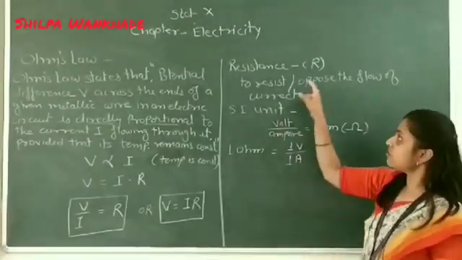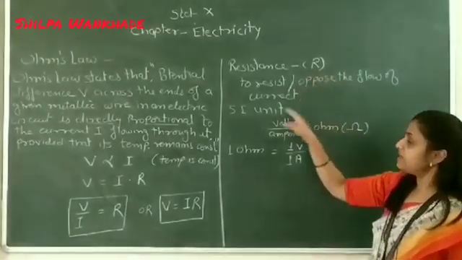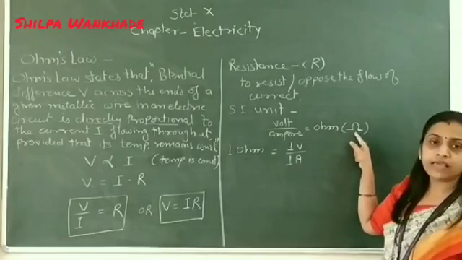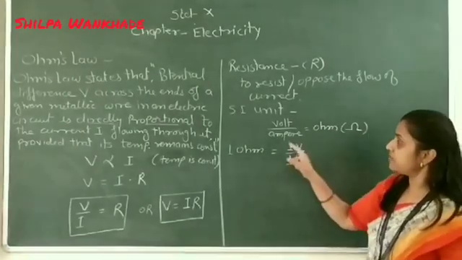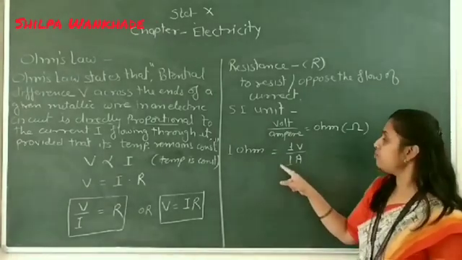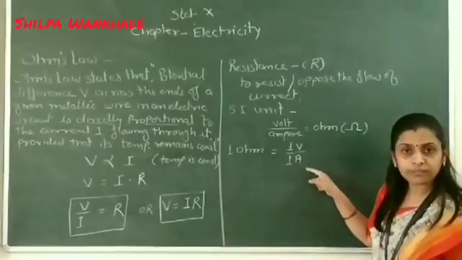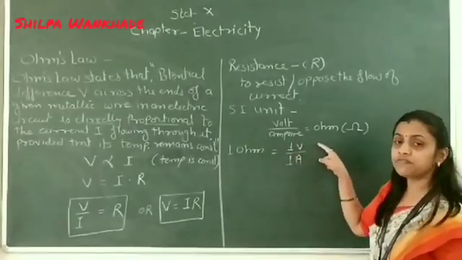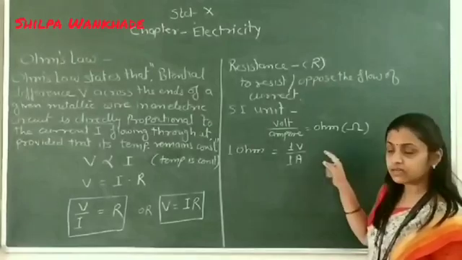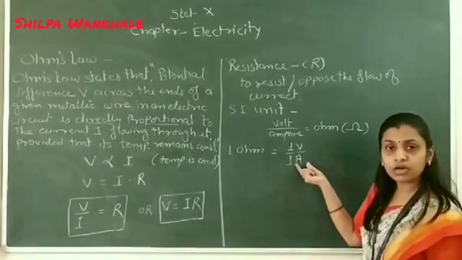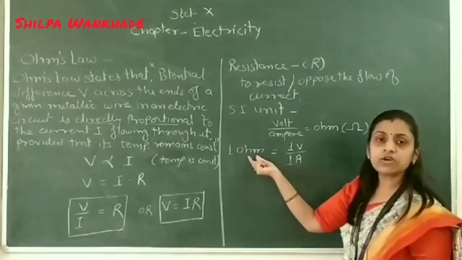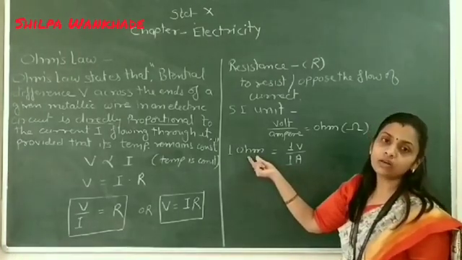It is always denoted by capital R, and its SI unit is volt per ampere, that is called ohm, denoted by this Greek letter. From the SI unit we can easily define 1 ohm: when the potential difference across the two ends of a conductor is 1 volt and the current flowing through it is 1 ampere, the resistance of the conductor is said to be 1 ohm.